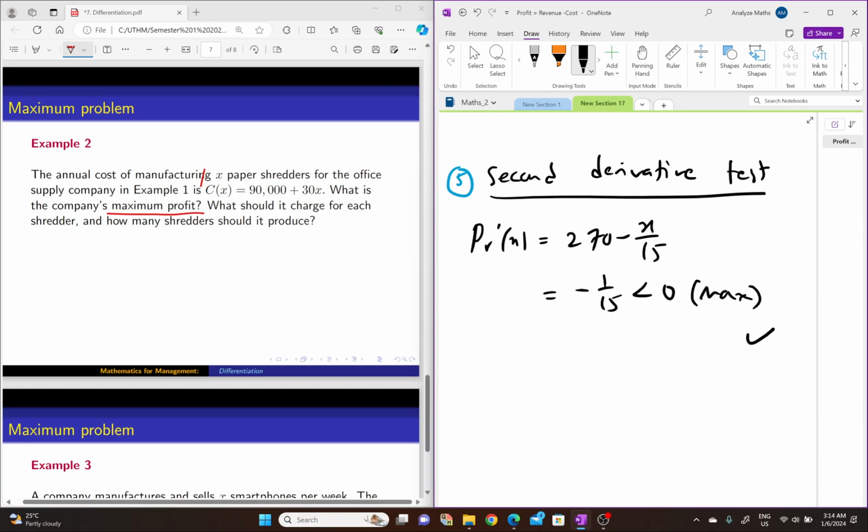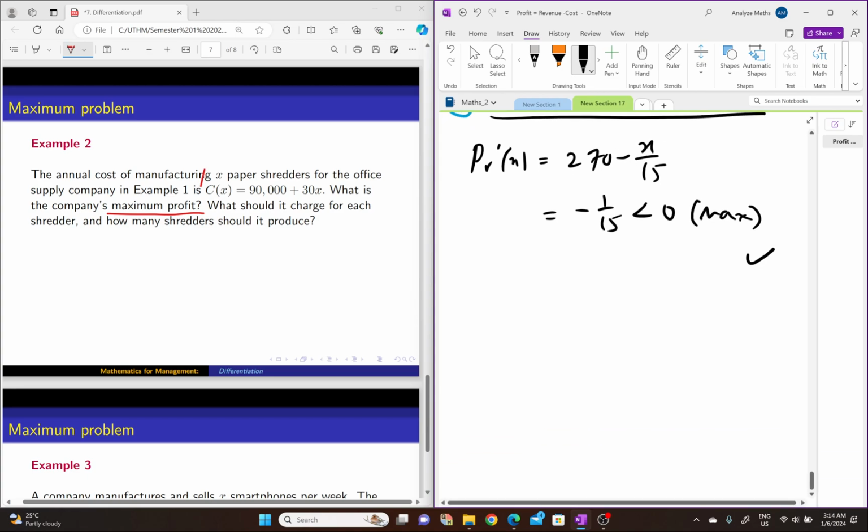Now what is the company's maximum profit? For maximum profit you replace inside the function just now, when x equals 4050.